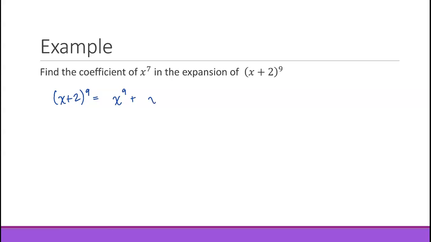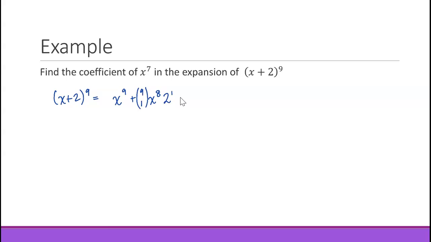So we'd have that x to the 8th, and we'd have 2 to the first power. And then the coefficient in front would be found by doing 9 choose 1. Because remember, the first one is n choose 0, 9 choose 0, which is always 1. And then here it's going to be 9 choose 1.